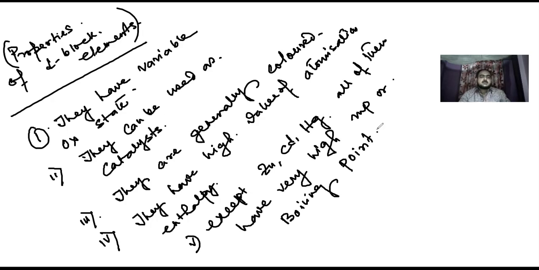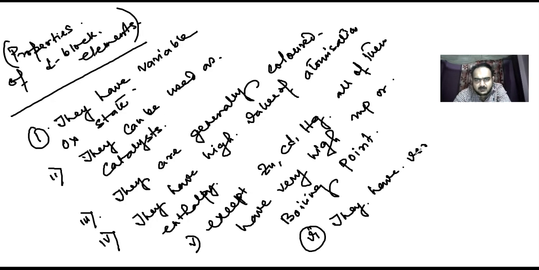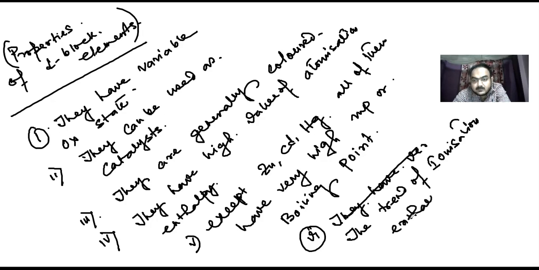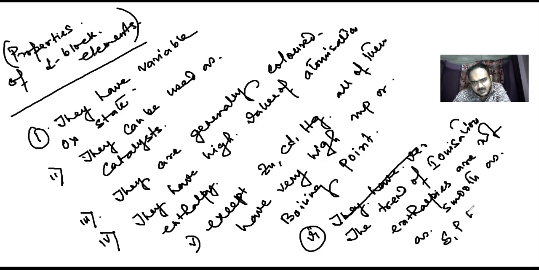Number six, the trend of ionization enthalpies is not as smooth as S block and P block elements.